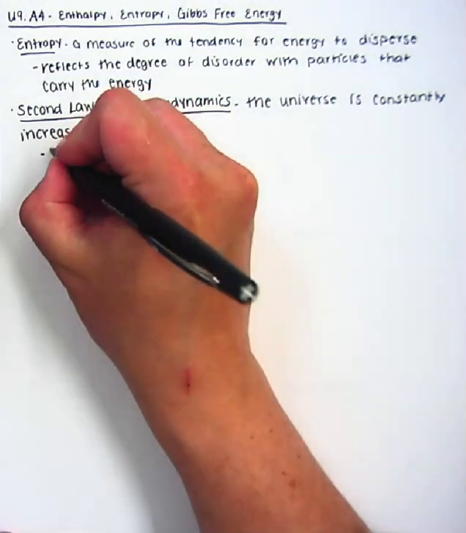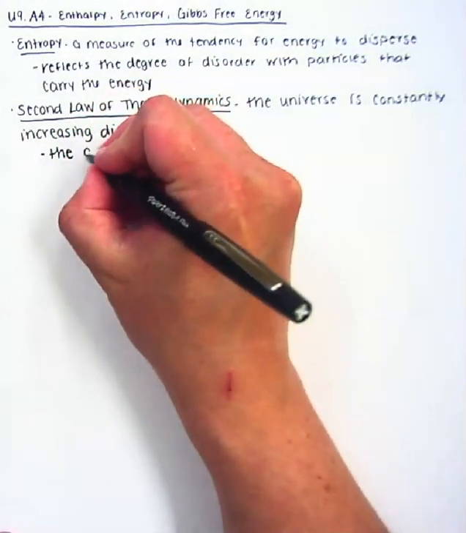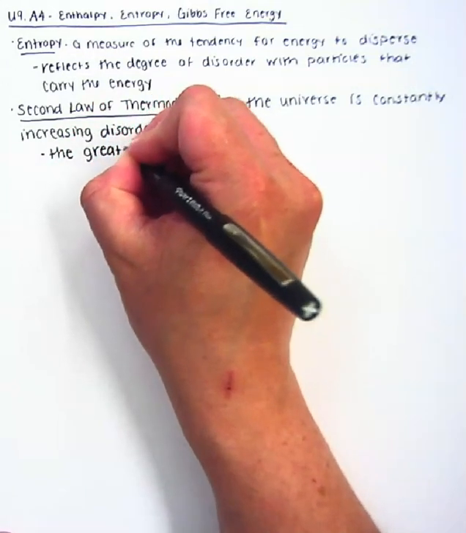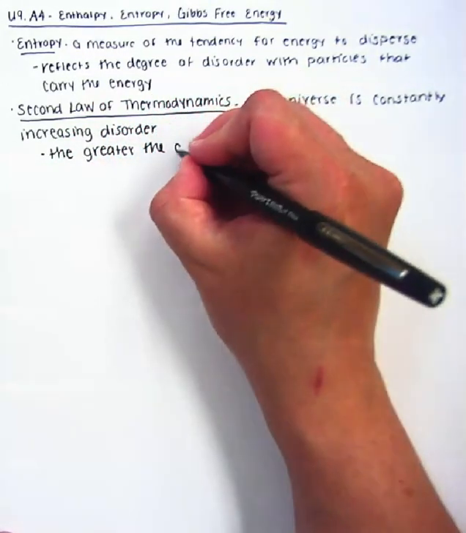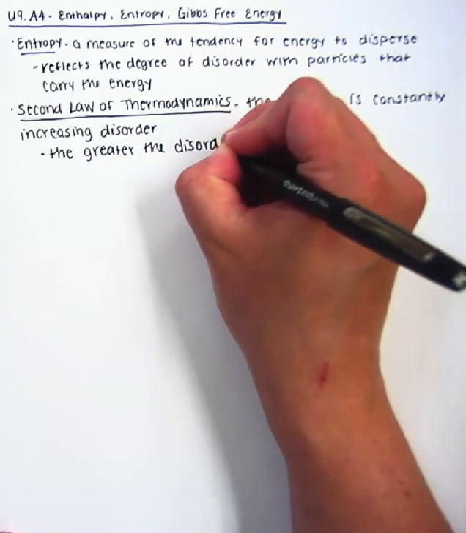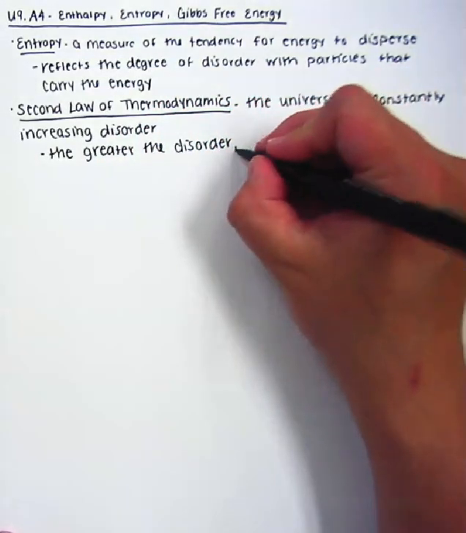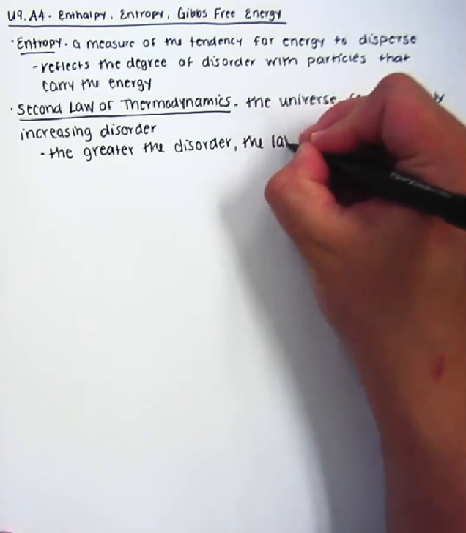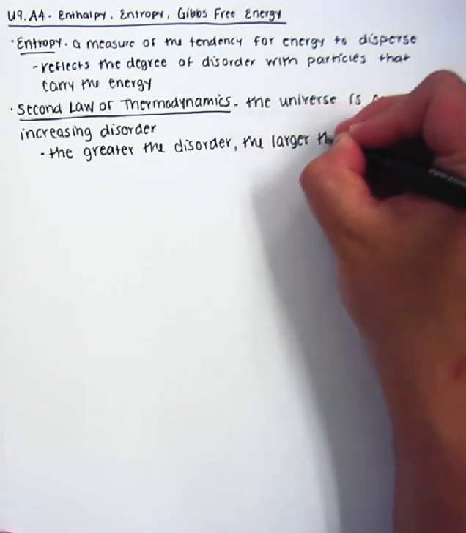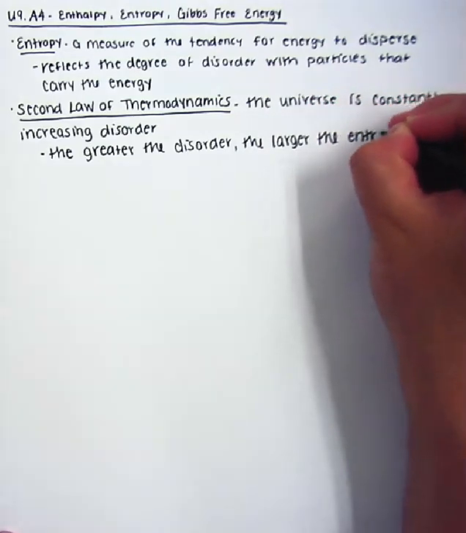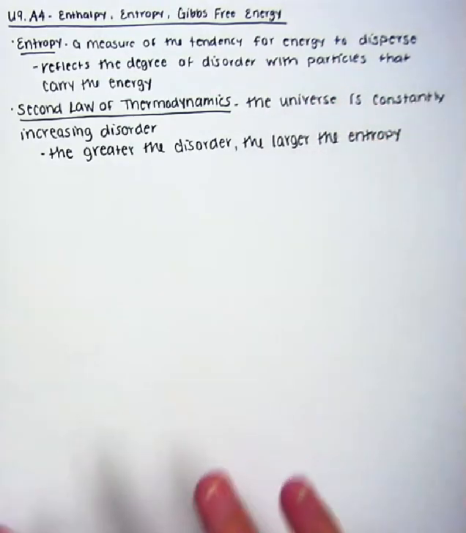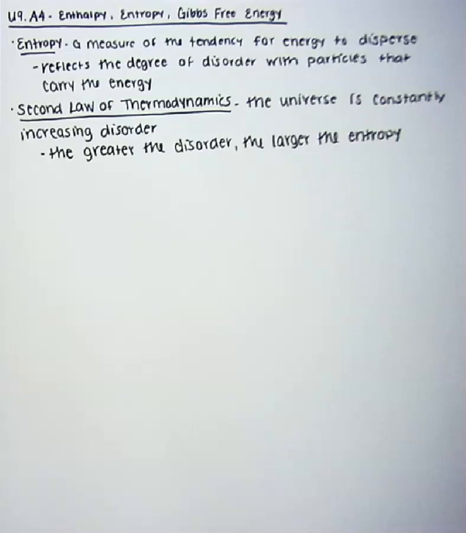And the greater the disorder, the larger the entropy. When we're just looking at our states of matter, entropy increases as a substance changes from a solid to a liquid to a gas. Gases have greater entropy because they're more disordered than solids.